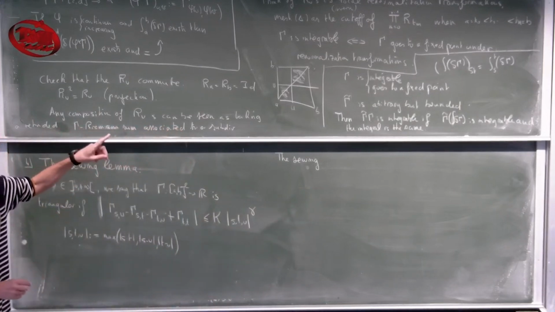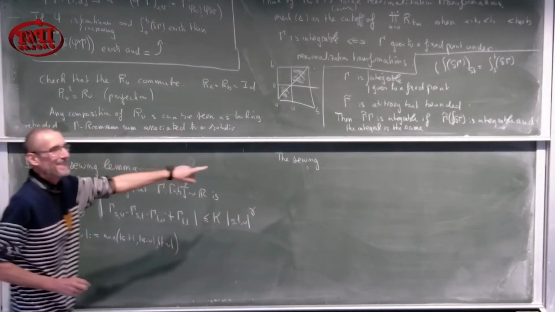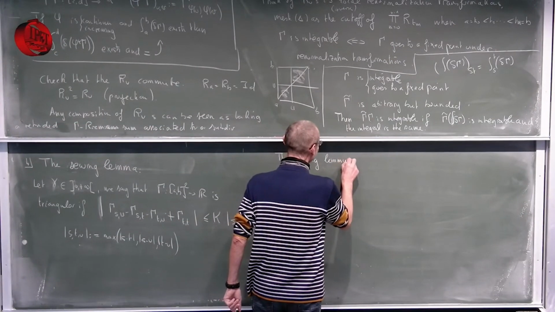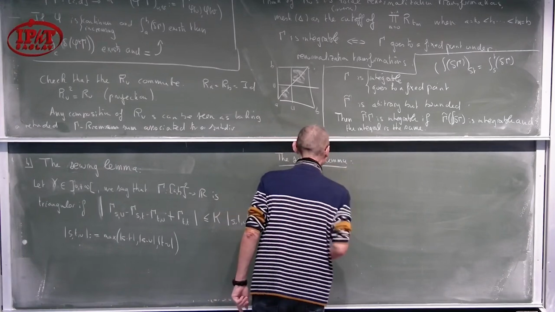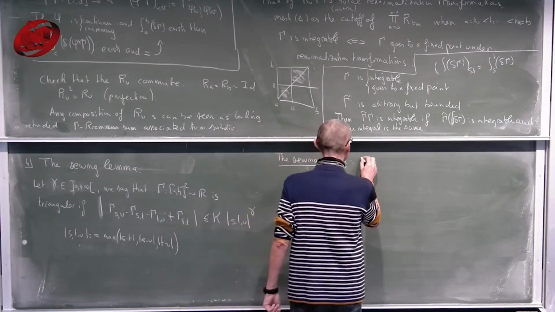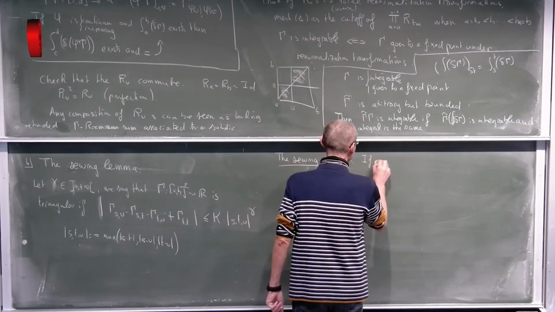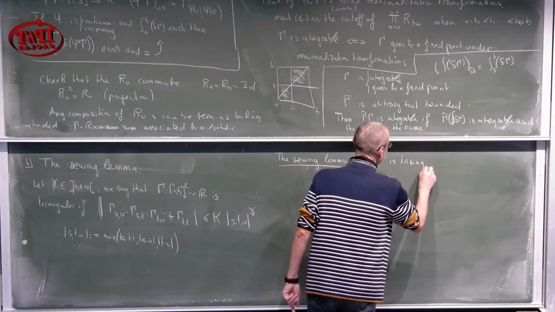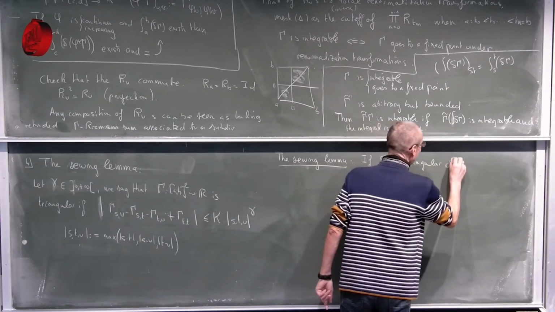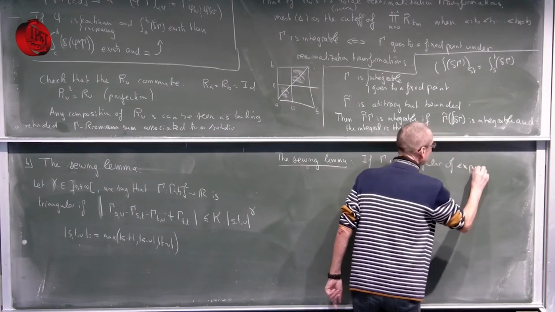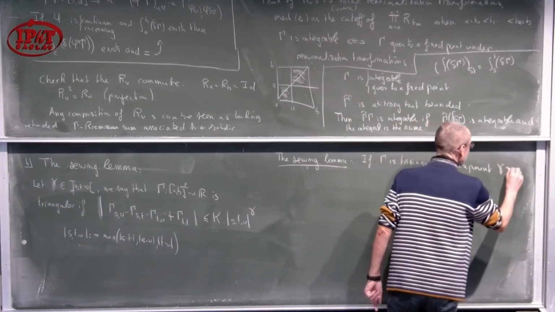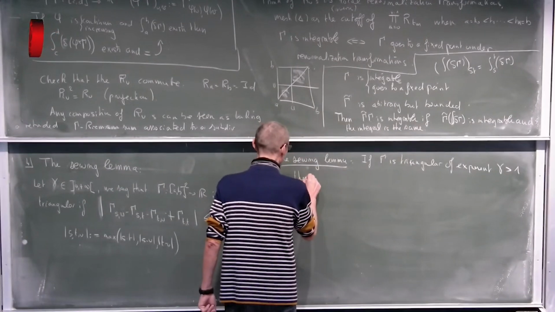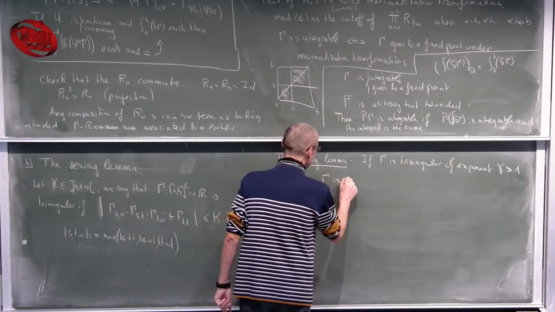This is the title of the chapter, then of the section, and then now it's the lemma itself. Then I will stop there. And the following: if gamma is triangular of exponent gamma strictly larger than 1, then gamma is integrable.